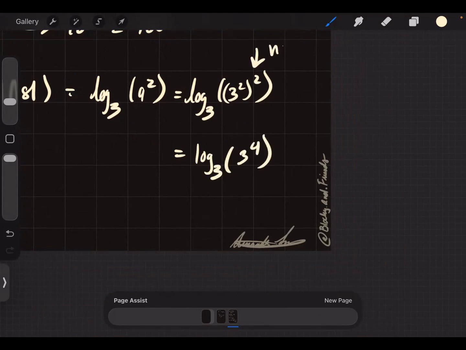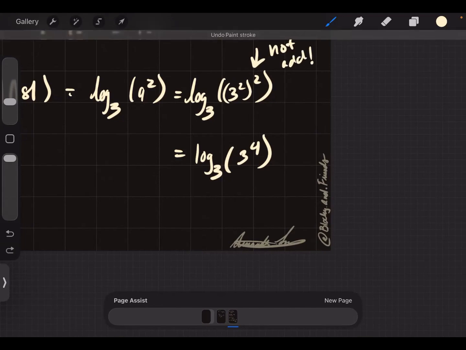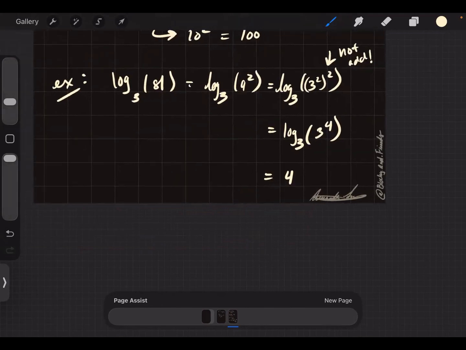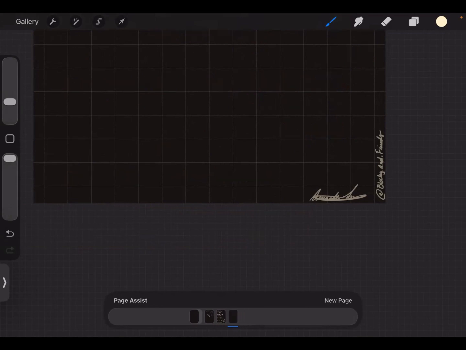We're not adding, okay? We're multiplying. 2 times 2 is 4. And that is going to give you 4 because 3 to the power of 4 is 81. Easy, right?